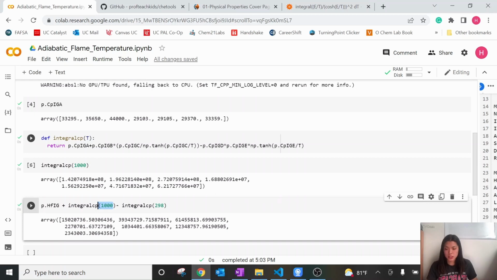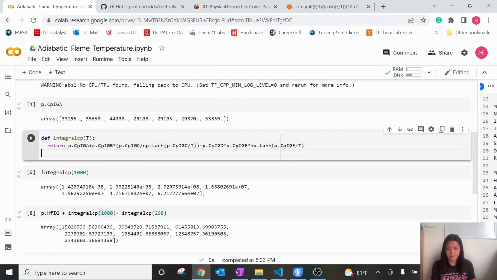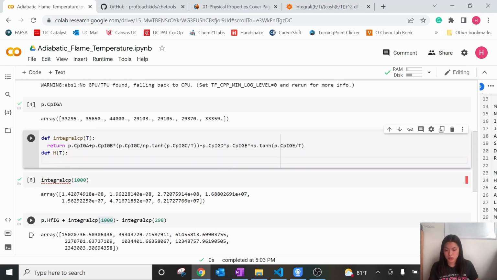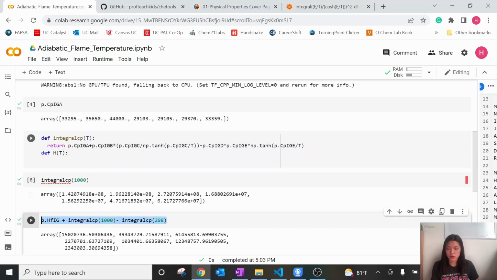We can actually define yet another function. We can call this function h, because it's going to find the enthalpy at that given temperature, and we want it to return this equation here.